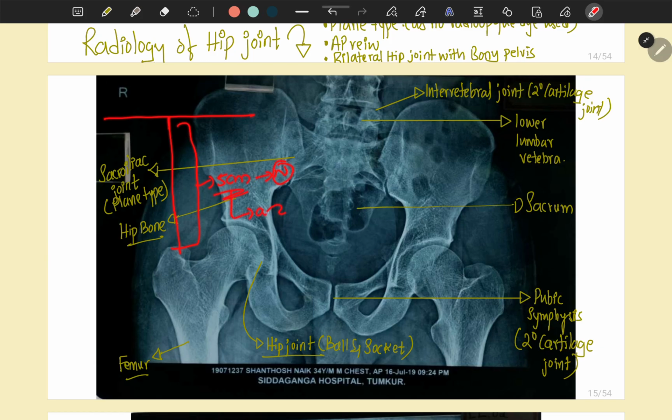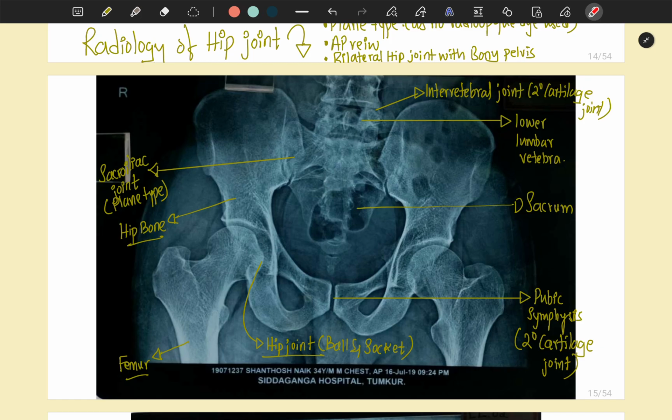If it is altered, then it is an indication of hip joint dislocation, whether unilateral or bilateral.